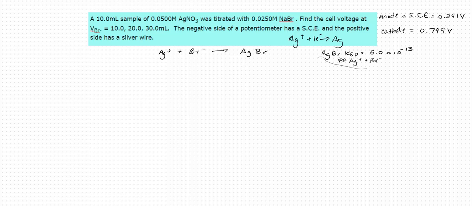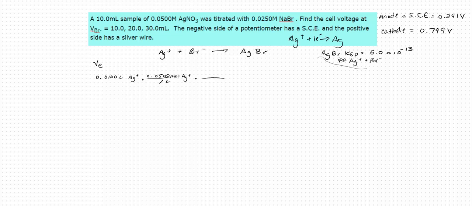So now we know we have a titration. Let's figure out where that equivalence volume is because we have three different ways that we can handle this data. So we're going to start with the volume of the silver because that's what we're given. We have 10 milliliters of our silver ion, and it has a concentration of 0.0500 moles of silver ion per liter.